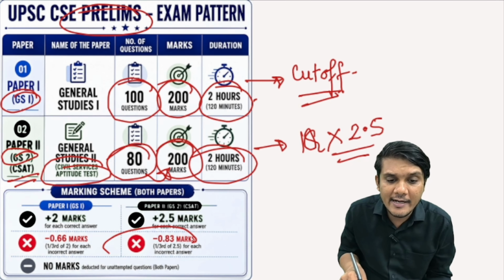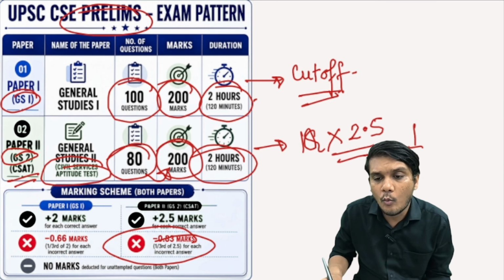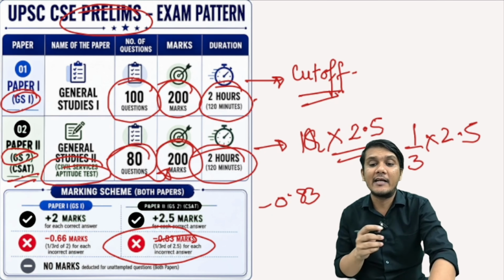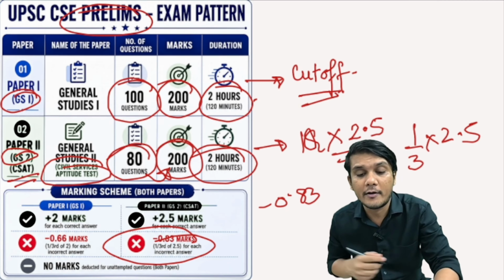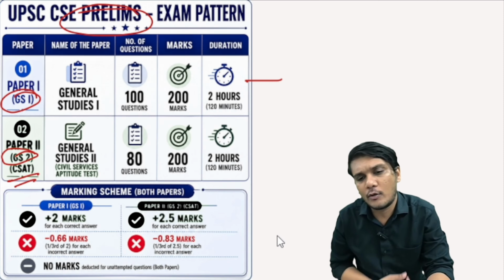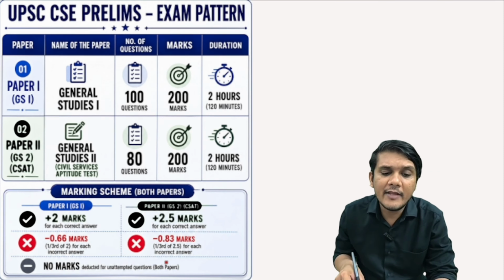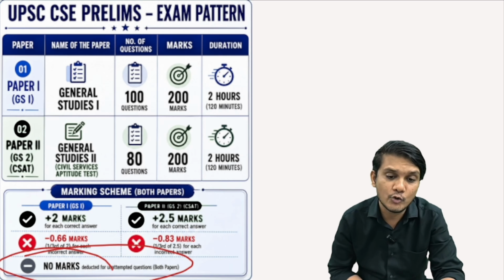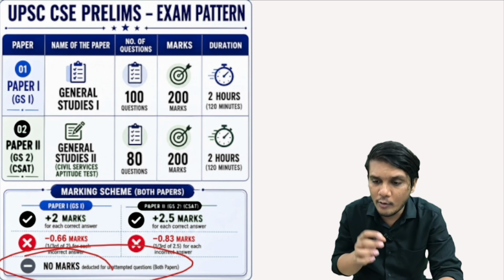That means the negative marking here will be one third of 2.5, that is minus 0.83. Very important for you to know. Now, if you don't solve a particular question and leave it as it is, then there will be no negative marking for the questions that you have left. So I hope that is clear.